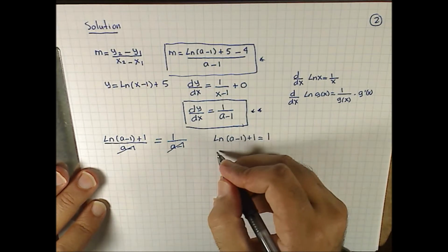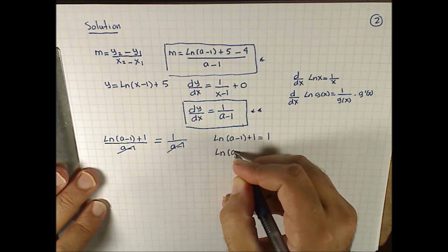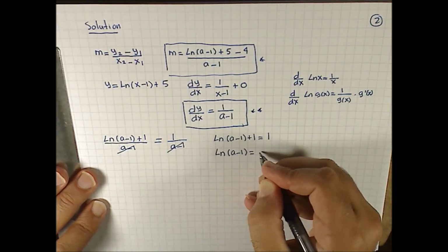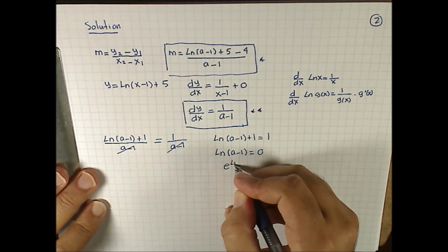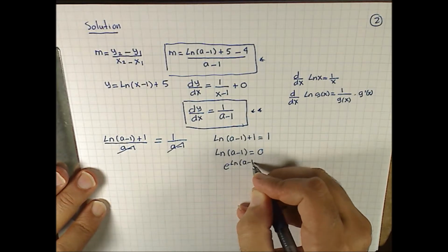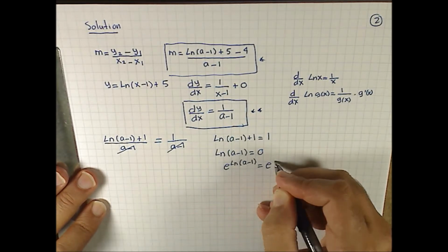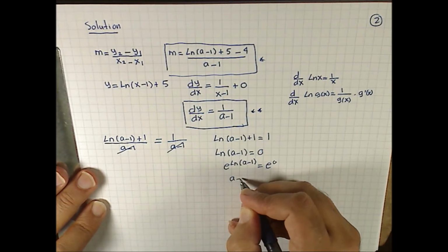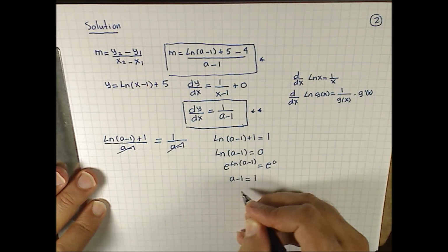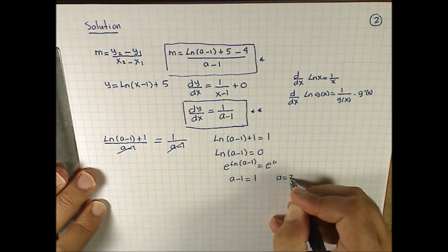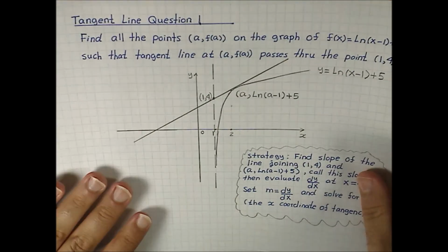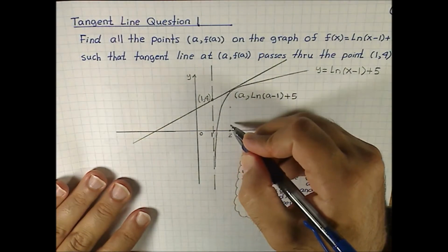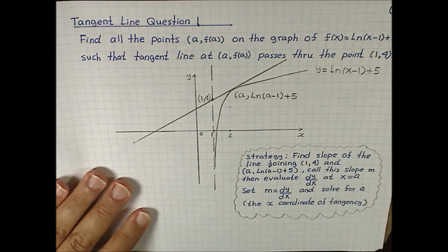Subtract 1, bring it over to the other side, you get log of a minus 1 is equal to 0. And now exponentiate both sides, e to the log of a minus 1 is equal to e to the 0, and we get a minus 1 is 1, so you get a equals 2. This is the x-coordinate of the point of tangency. On the graph, it's right here, x equals 2, and that's the point that we have here.